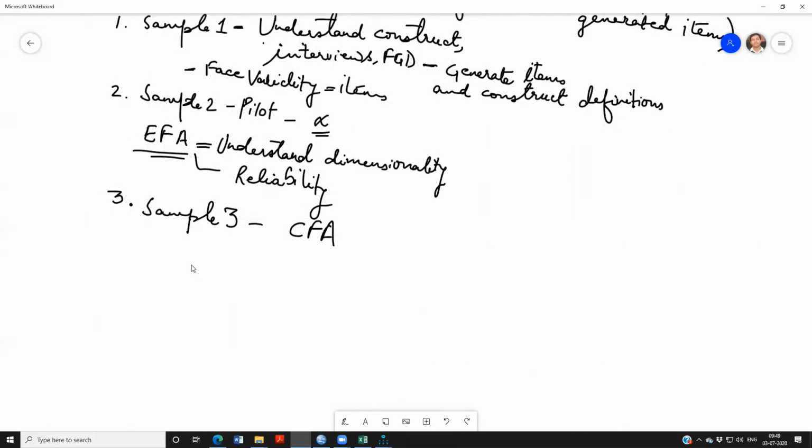What will you do in confirmatory factor analysis? Like we did yesterday, you will test the confirmatory model, the measurement model.